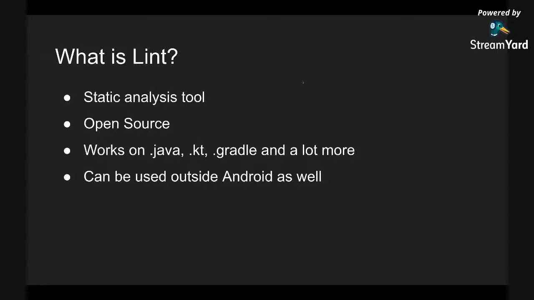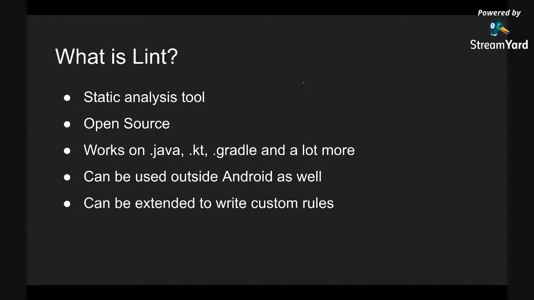It can be used outside of Android as well. Initially, it was meant just for Android, but when Kotlin came in and became big, the team at JetBrains started writing some more lint checks, and they realized it could be useful for non-Android developers as well. So if you're making something like a server, you can make use of certain lint checks there.